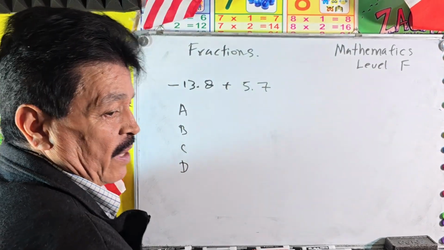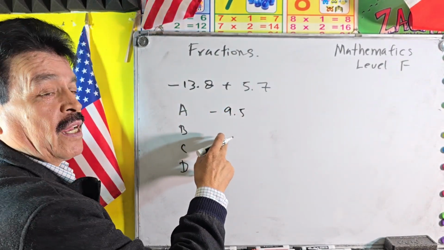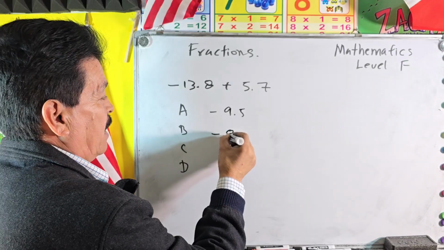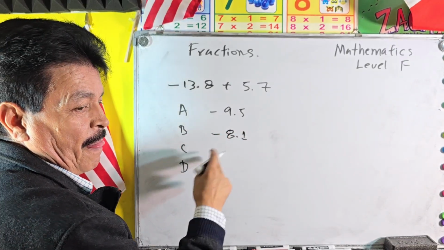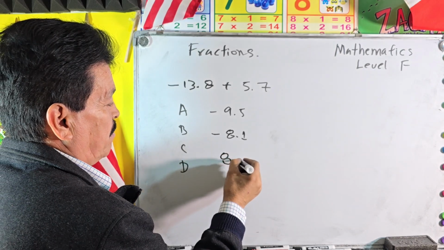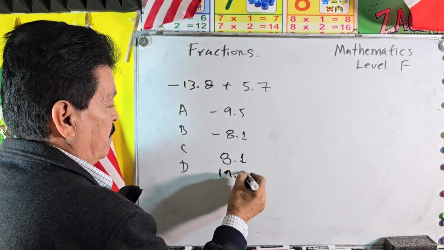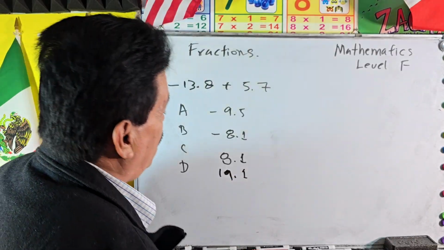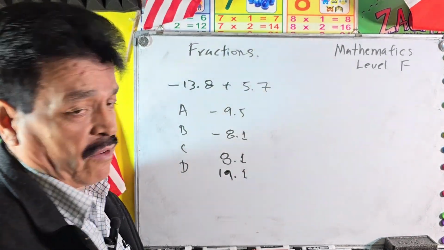The first one is, for instance, negative 9.5. B is negative 8.1. In C you have 8, for instance 0.1, and then we have 19.1. See, we have 4 possible answers in our problems at this level F.